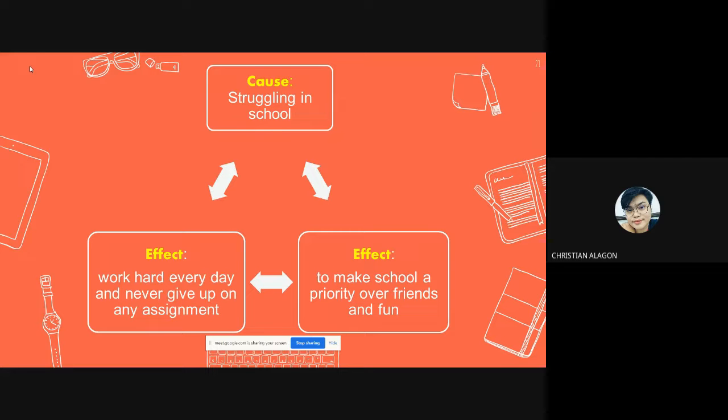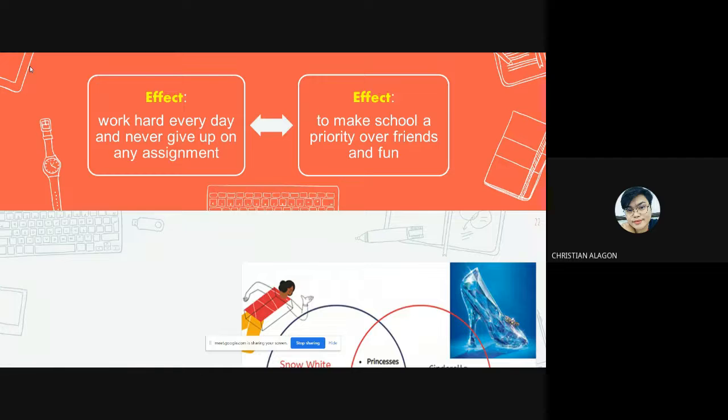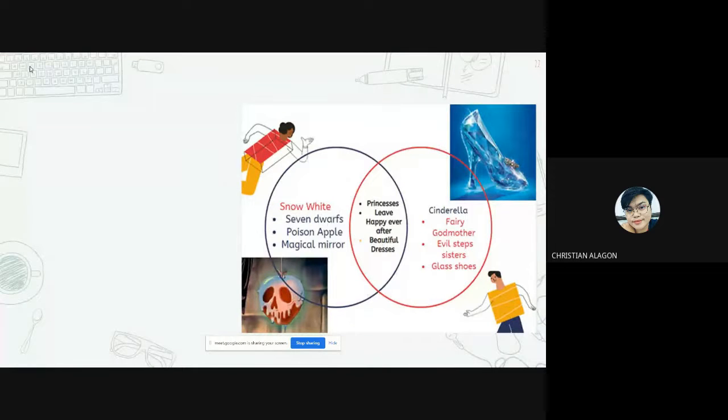So next is, what is that, sir? Is it a Venn diagram? No. It is compare and contrast. We have here two famous Disney princesses, Cinderella and Snow White.